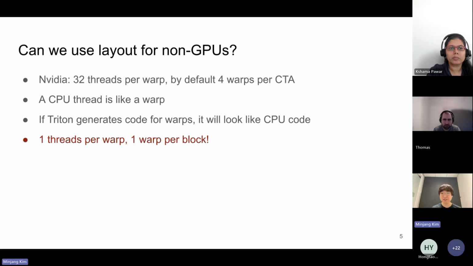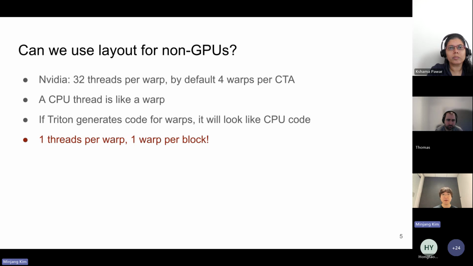So here is the question: can we use the layout for the CPU or even non-GPUs? Let's just start with NVIDIA. We have 32 threads per warp, and by default, 4 warps per thread block. And the CPU thread, not the CUDA thread, is more like a warp, right?